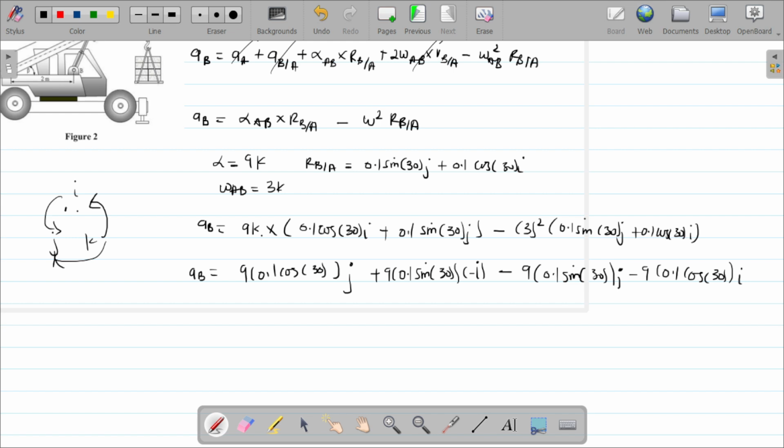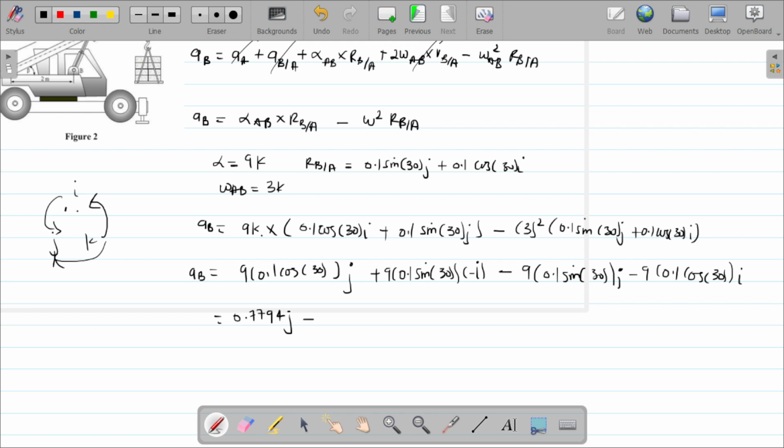Okay, so let's simplify our terms. So first off, we have 9 times 0.1 cos 30. So this gives us 0.7794 j, and then we have 0.9 sine 30.